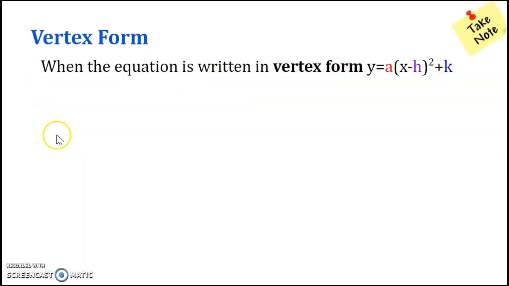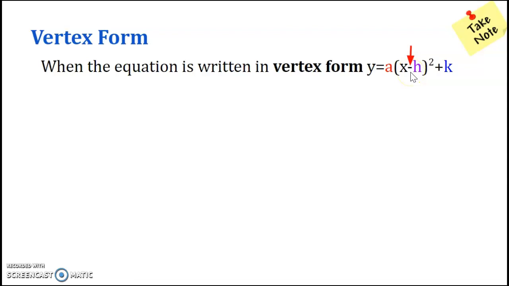So what you should recall from last lesson is that the vertex form of a parabola quadratic equation is always going to be written in this form. y is equal to a multiplied by parenthesis x minus h all squared plus k, where you notice that there is an inherent negative sign between x and h, and this is going to be really important to notice.